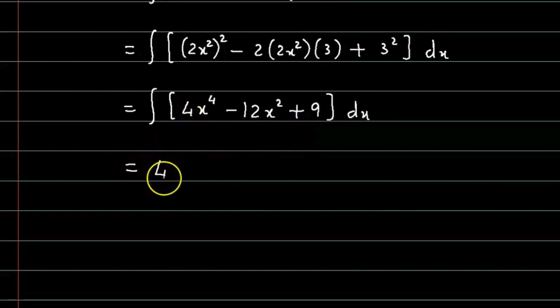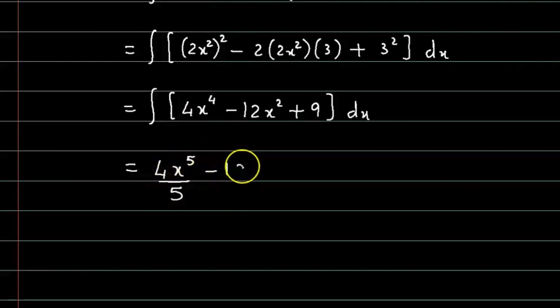So 4 remains as it is. Now integration of x raised to 4 is x raised to 5 upon 5, minus 12 times integration of x square is x cube upon 3, plus integration of 9 is 9x plus c.